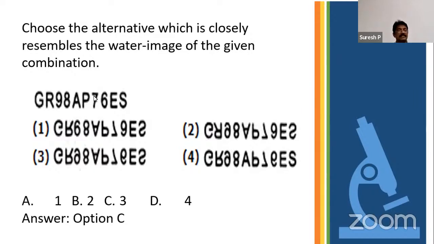So it's okay. 7 will be inverted and 6 will be inverted. E will be the same. So very clear. Option 3, that is option C, is the correct option. So that kind of observation is very, very important. Am I correct? Okay. Now we will see the next one.